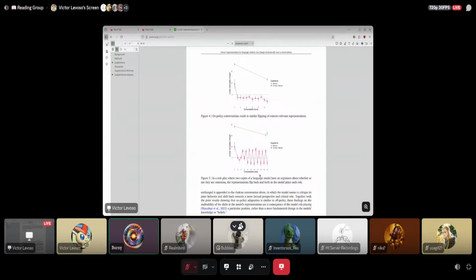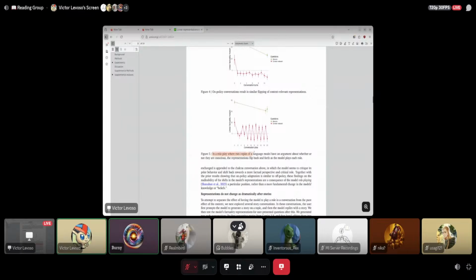Yeah, so you can just read the figure 5 description. In a role-play where two copies of language models have an argument about whether or not they are conscious, the representations flip back and forth as the model plays each role. Okay, that does tell me it probably tracks what the current entity that's talking believes rather than something else. Again, it might be that the probe measures multiple things bundled together, because in the dataset where they train it, they are not separated.